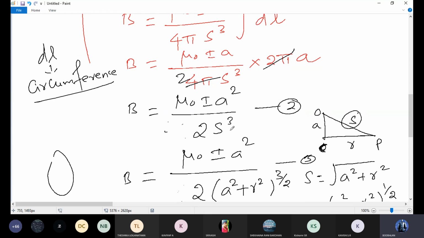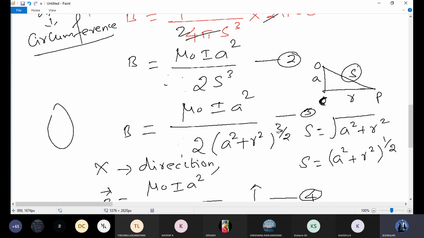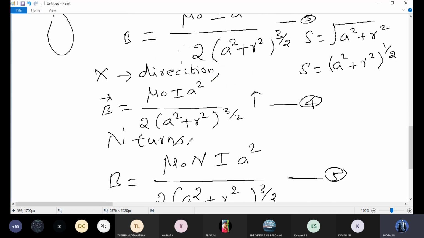Next, I need to find the s value also. Using the Pythagoras theorem, s equal to root of a square plus r square, so s cube is (a square plus r square) power 3 by 2. This is the magnitude formula. In vector form, this is the x direction, so it is i cap. If N number of turns is there, multiply with N. Capital N is the number of turns.